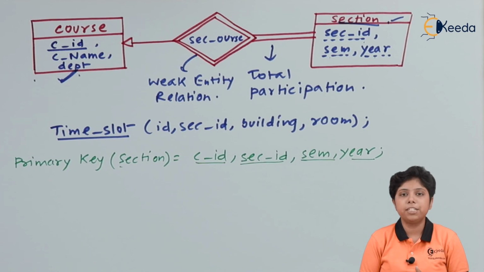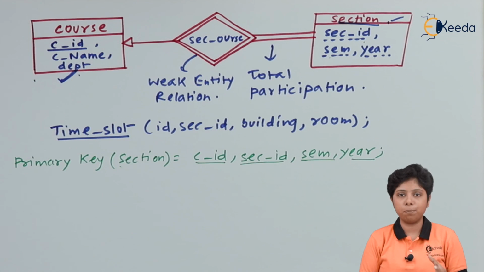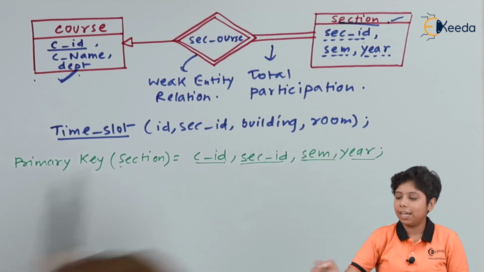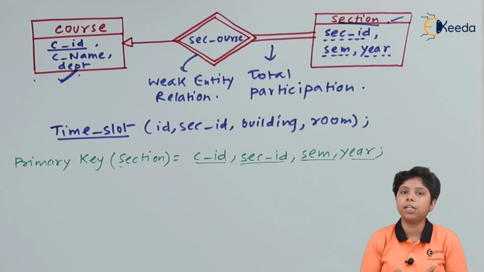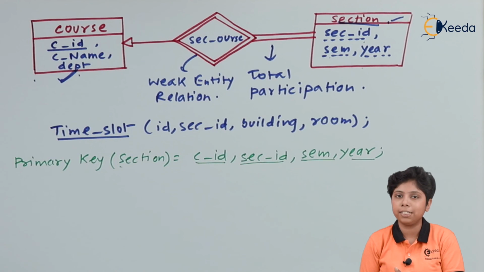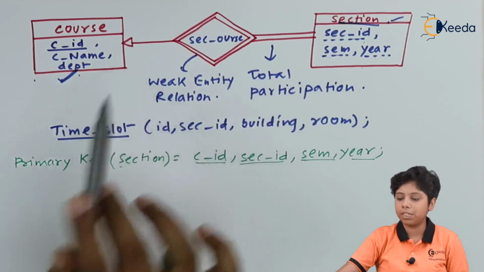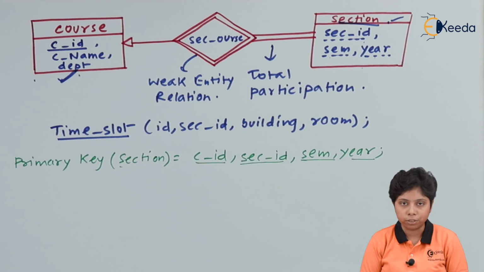Now some designers avoid having a weak entity set and just use a multi-valued composite attribute as part of the relation. Say for example that we made the section not a different entity set but a composite attribute of the relation course.